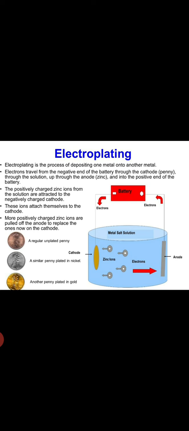When the current is passed through the circuit, a thin film of the metal deposits on the cathode. So what happens during this? जब हमने current pass किया तो क्या हुआ? The ions got disassociated. जो हमारा zinc sulfate solution electrolyte present था, उसमें zinc और sulfate के जो ions थे वो एक दूसरे से अलग हो गए.